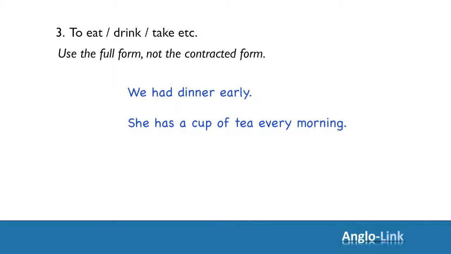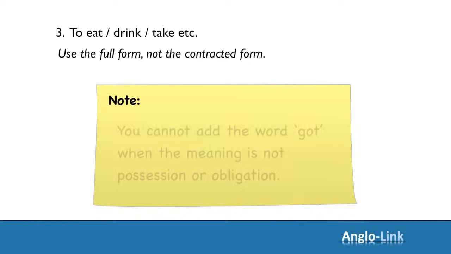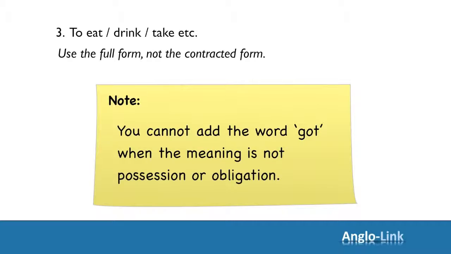She has a cup of tea every morning. Let's have a break. Have a seat, please. Note that in this meaning you cannot add the word got. Add got only when the meaning is possession or obligation.